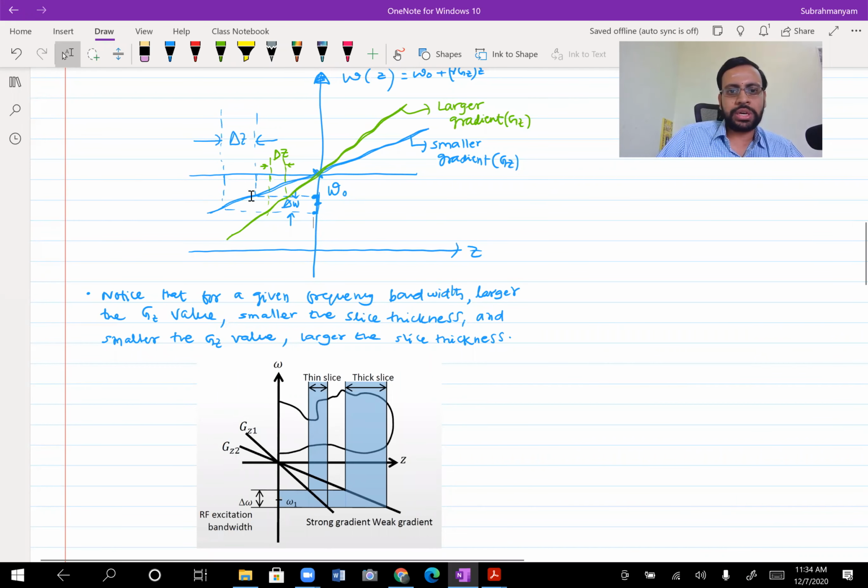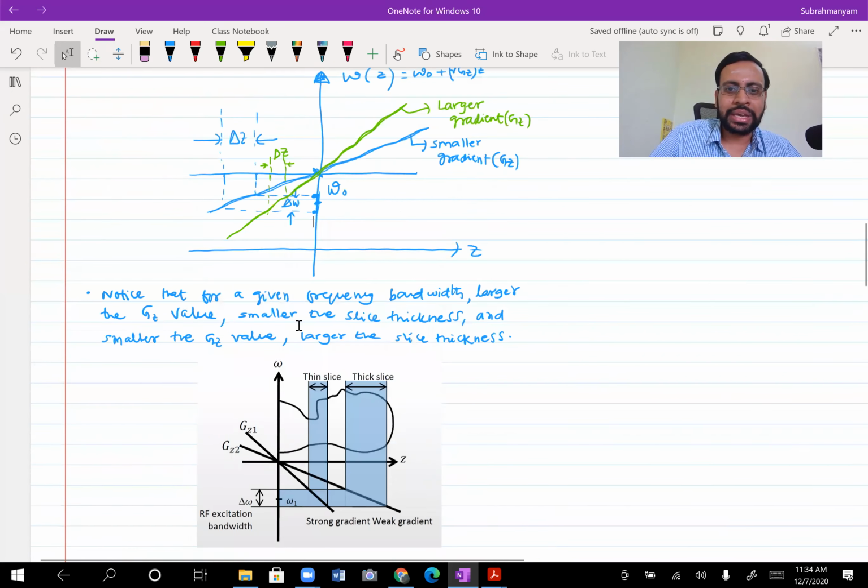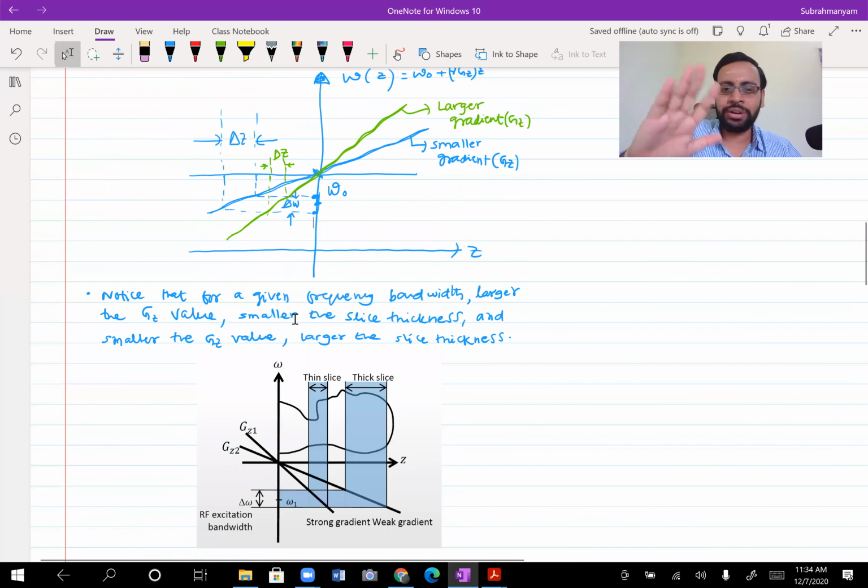You could see that as you are increasing the gradient field, the thickness would decrease. That means you would get it more precisely for that particular region, that volume. If you take an xy constant volume, you will get more resolution in the Z. That's what would happen. A similar thing applies in the other directions, but that's okay.